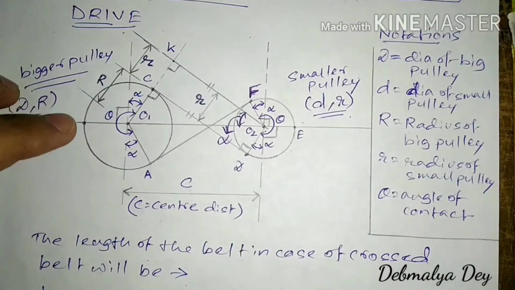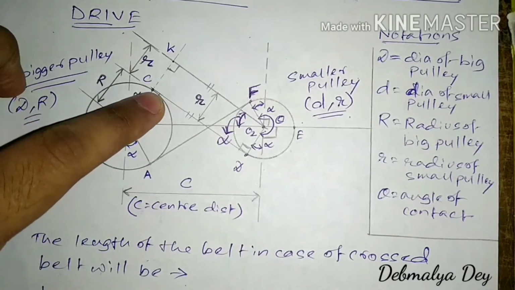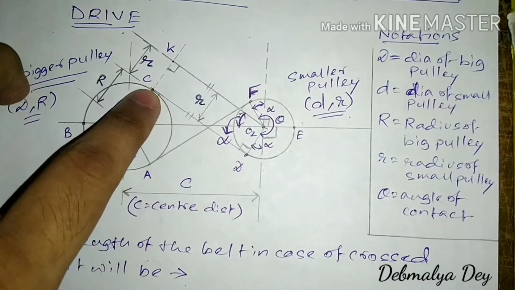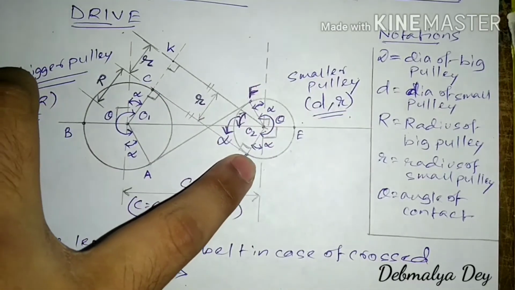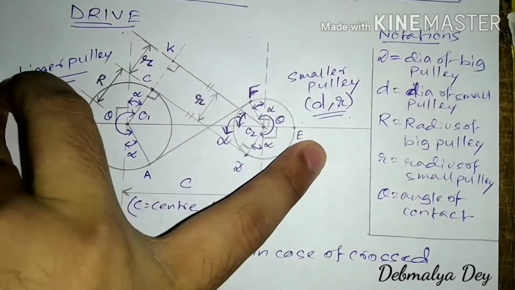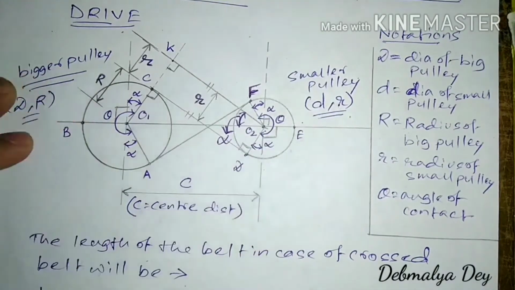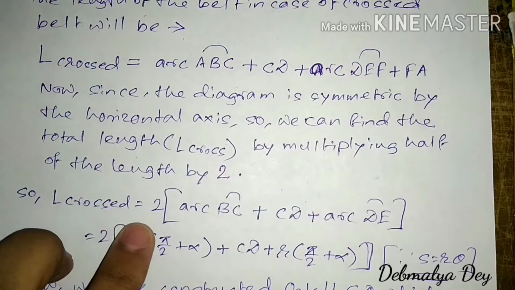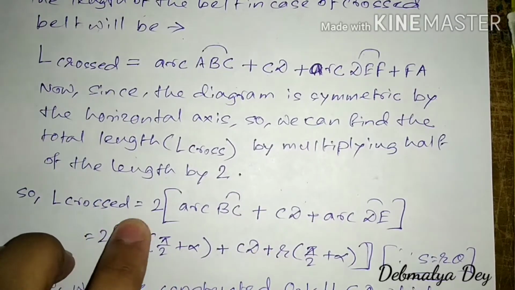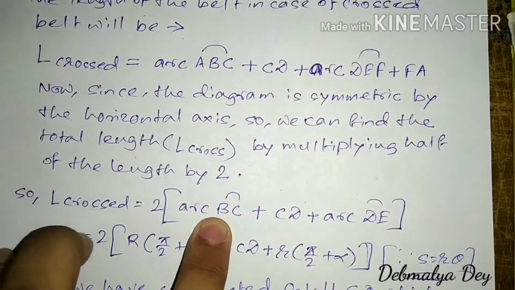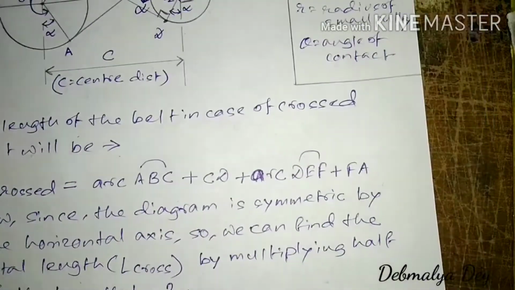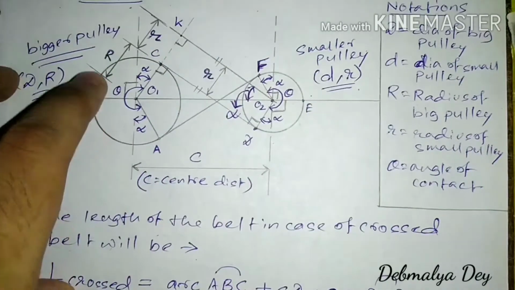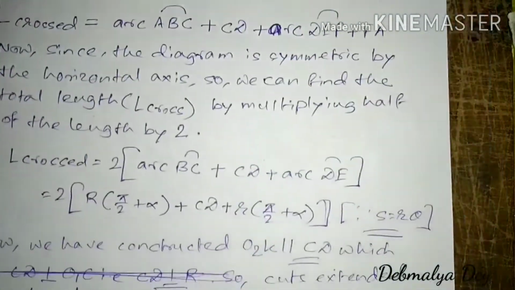The value of this arc BC, plus the length of this distance CD, plus the value of this arc DE. So in the next step I have written L crossed will be 2 into arc BC plus CD plus arc DE, because that was the half length, so we have to multiply the entire length by 2, then only we will get the total length.